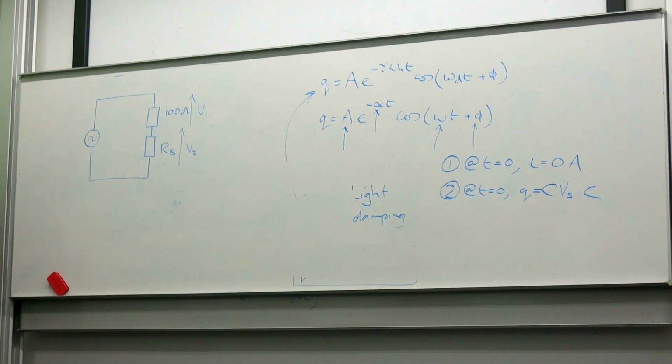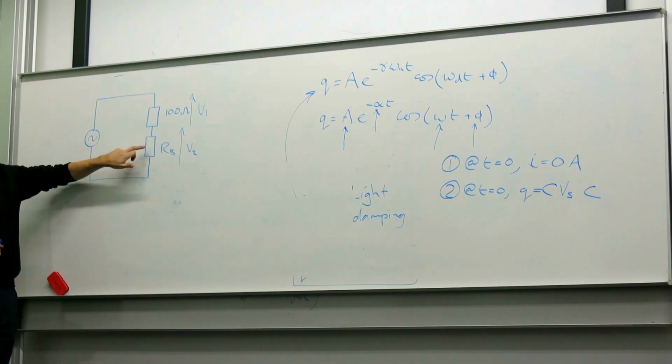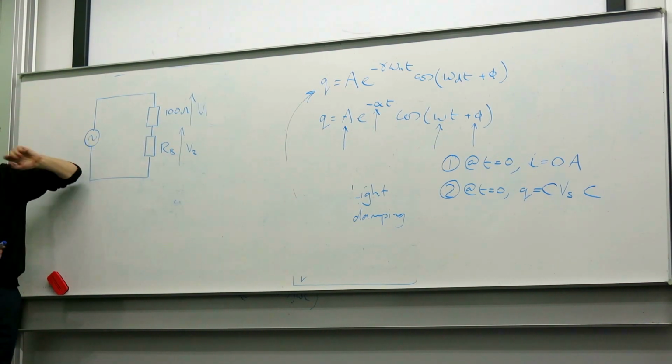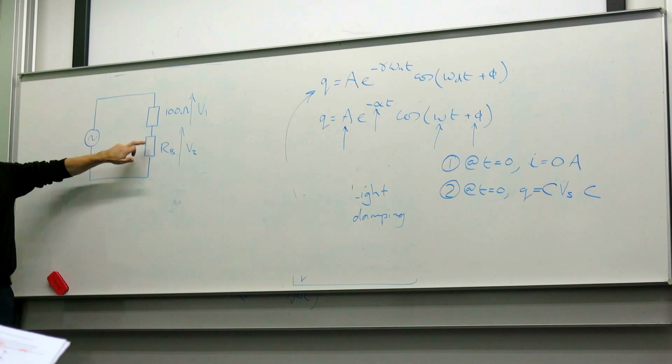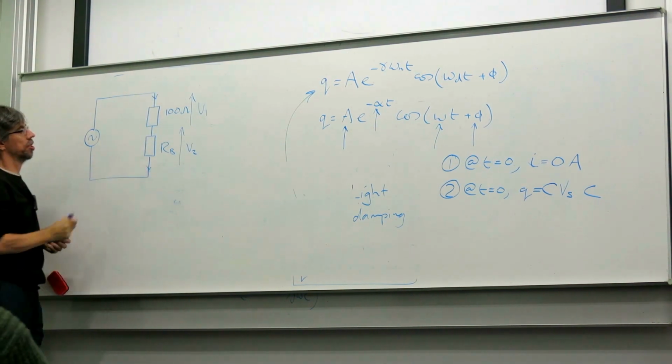So this is going back to exercise 1, where you're driving a resistor box in series with a 100 ohm resistor, and you're looking at the voltage across each of them. Well, clearly the current is going to be the same passing through each of them, because it's just a single circuit.